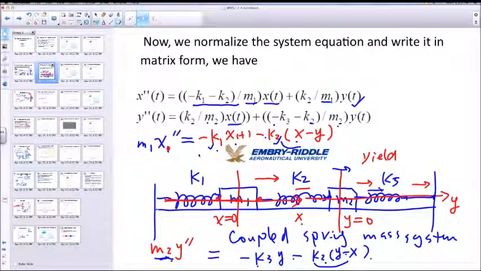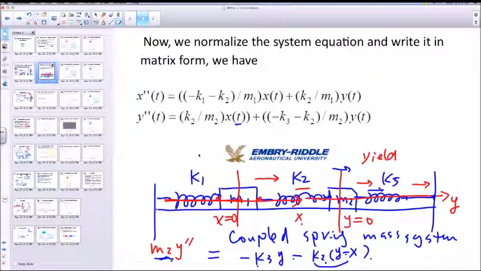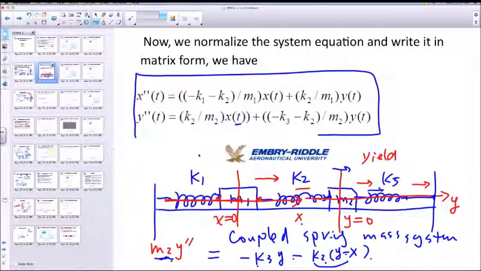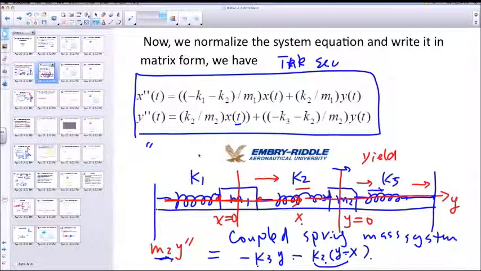So what do we get? In this system, it's a little bit more complicated. So what is that? Look at the two derivatives. You call it second order. Second order, and you have two variables.